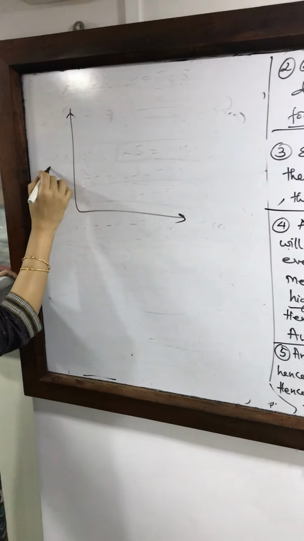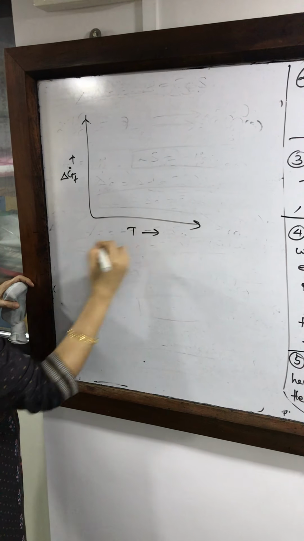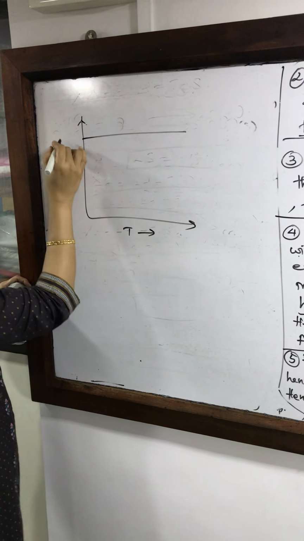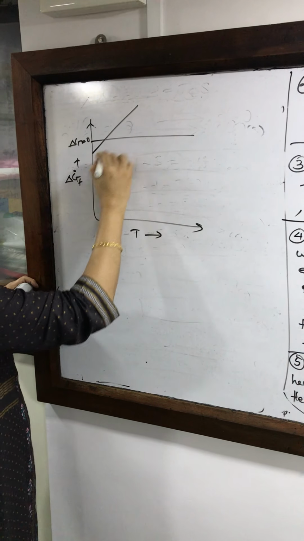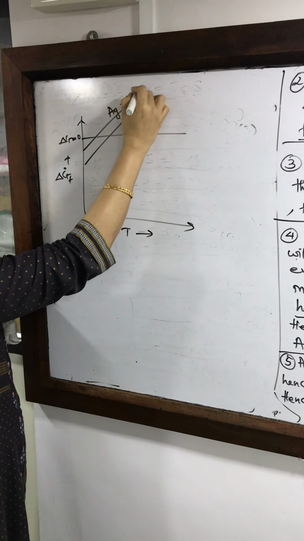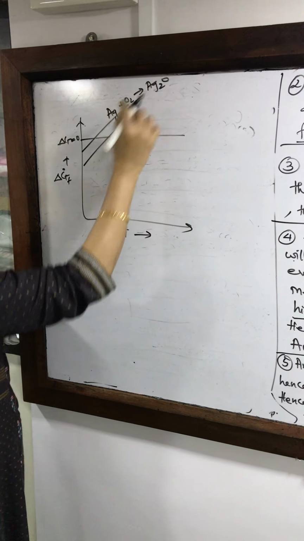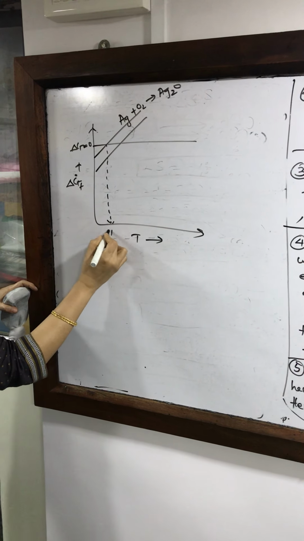As I said here, if we plot a graph of delta G of formation of the metal oxide versus temperature, and this is delta G equal to 0, then metals like silver and gold will cross this line easily. That means they will decompose at these temperatures.